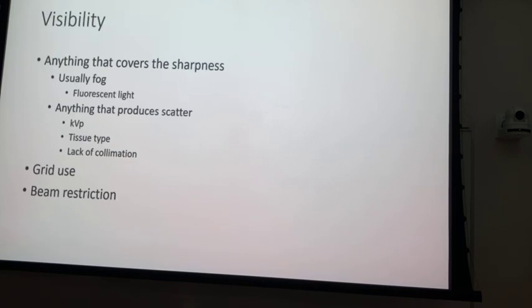Beam restriction is your collimation. So all of those things can affect a change in visibility of recorded detail. Beam restriction, collimation has become more important. It has always been important, but it's become more important for reasons that we didn't really expect to see, and we'll talk about those later in the semester as well.